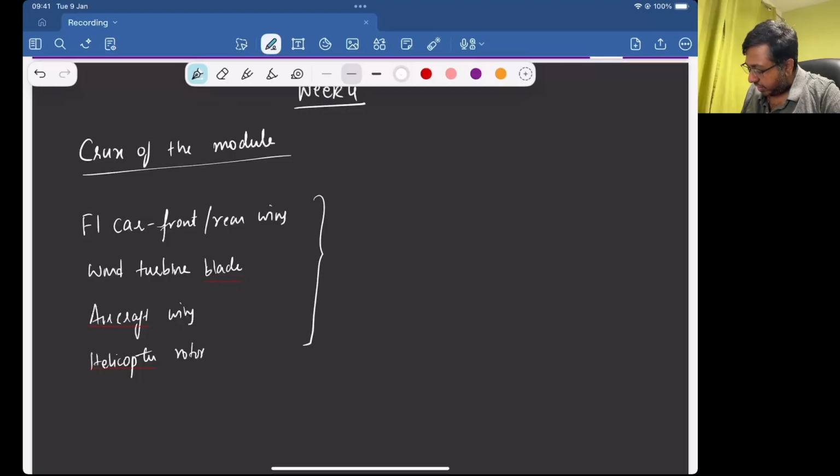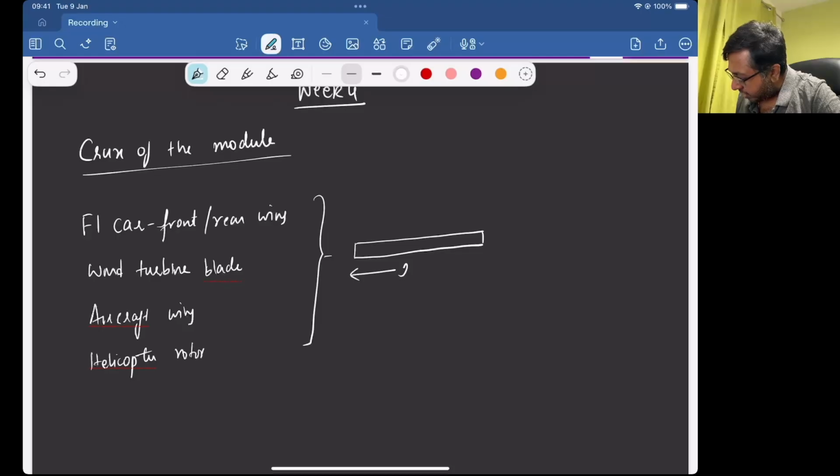All of these can be approximated in a simple sense. All of these have some specific characteristics: length, breadth, and thickness. Most of these structures, the length is very much larger than the breadth, and the breadth is very much larger than the thickness.